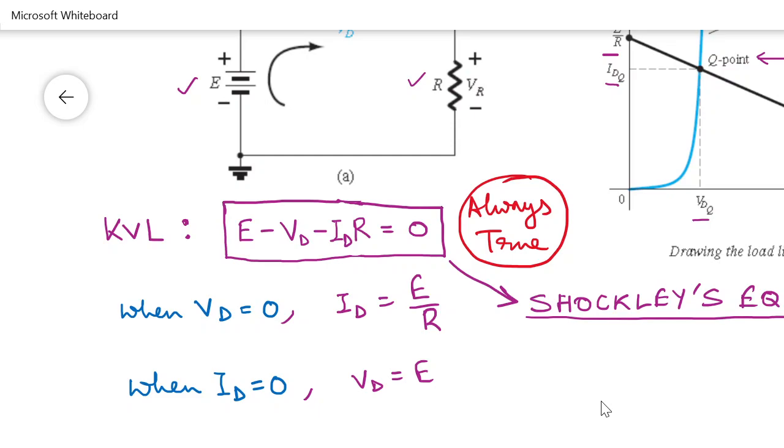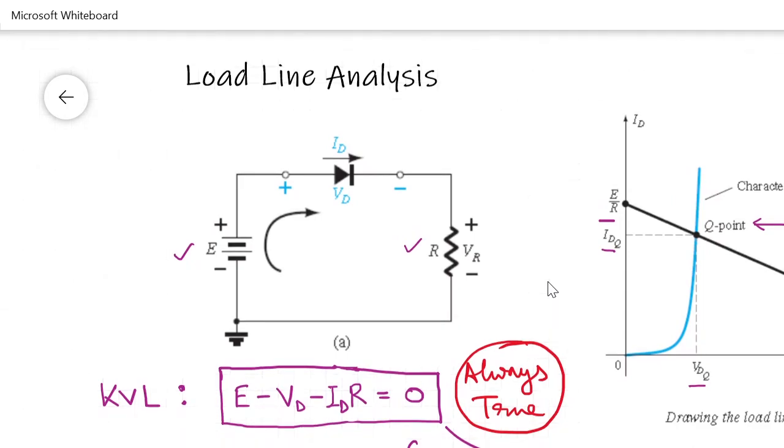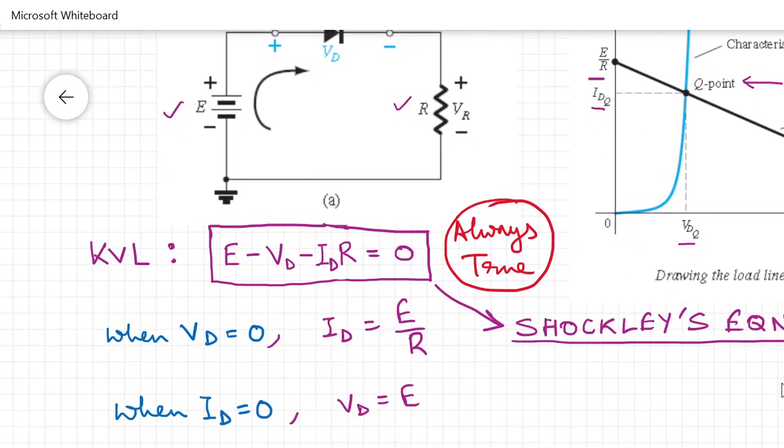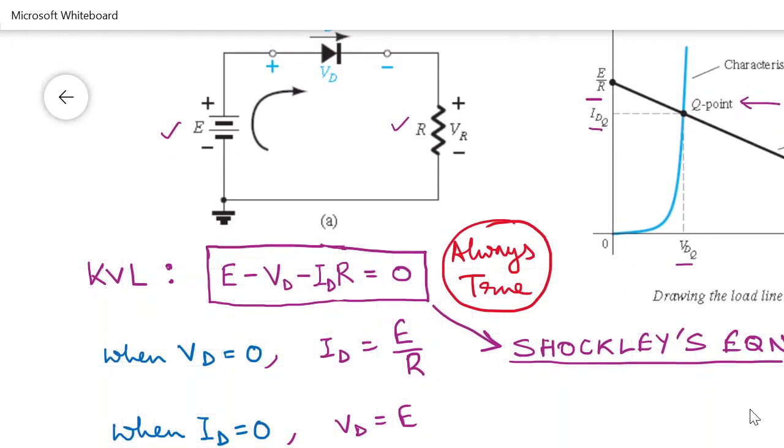For a simple series circuit, we can use the load line analysis, but for more complicated circuits, we cannot use this load line analysis. Ideally, or in actual situations, we would have to use the Shockley's equation and all the other equations arising from the circuit, and then solve all these equations simultaneously to get the solution.